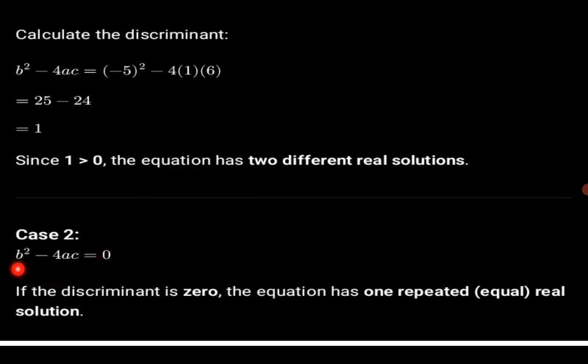Case number two is when, after substituting, you find that the result is 0. If the discriminant, this one, is 0, the equation has one repeated equal real solution. In other words, the equation has one solution which repeats itself twice.